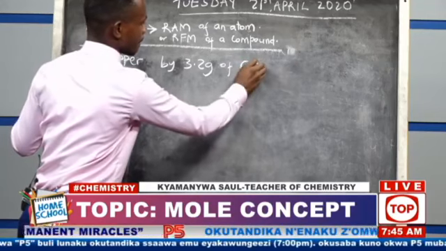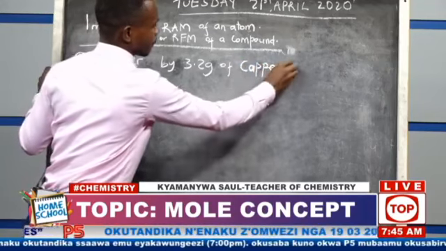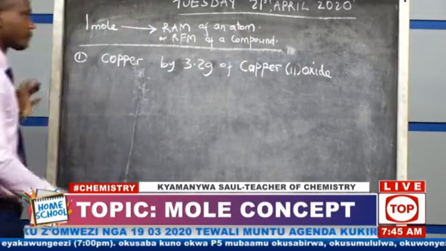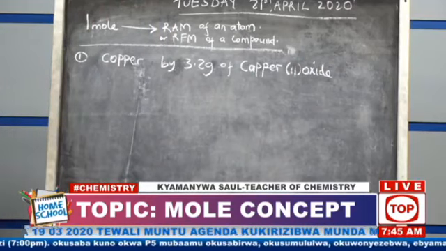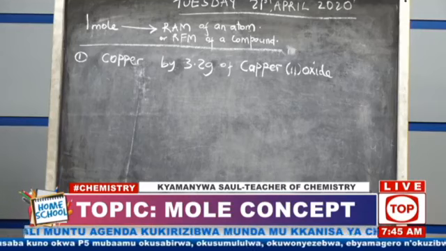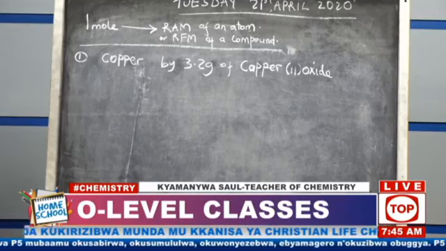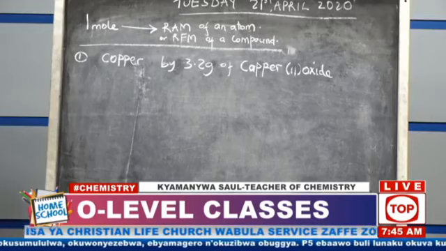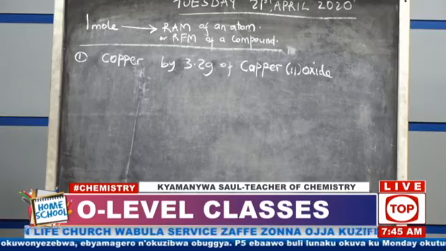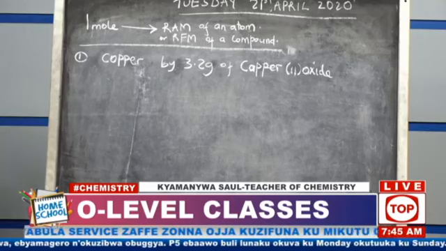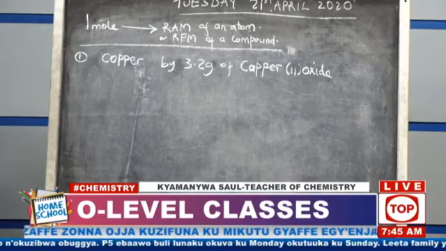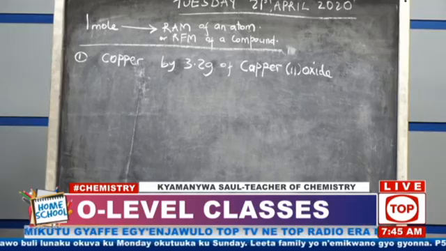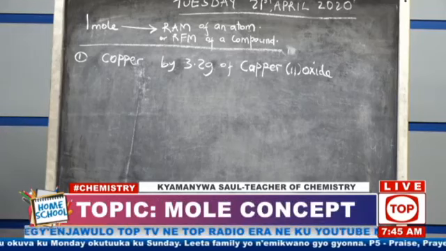Questions are requiring you to determine a number of things there. But if you analyze that question very well, and you study it, it is showing you that they are reducing copper oxide to copper. So they are telling you that copper is formed when 3.2 grams of copper 2 oxide is completely reduced to the metal by hydrogen gas.